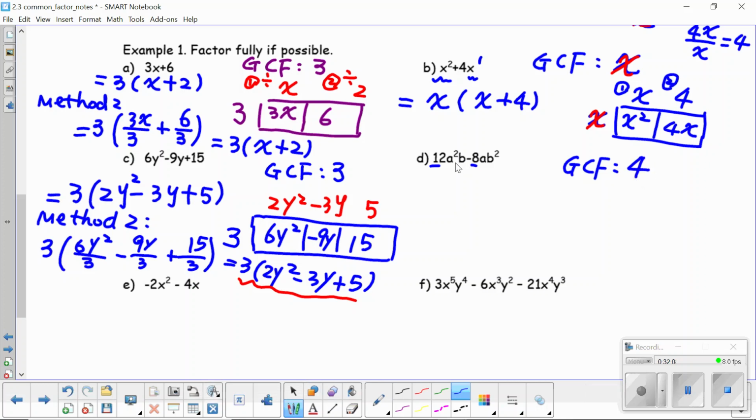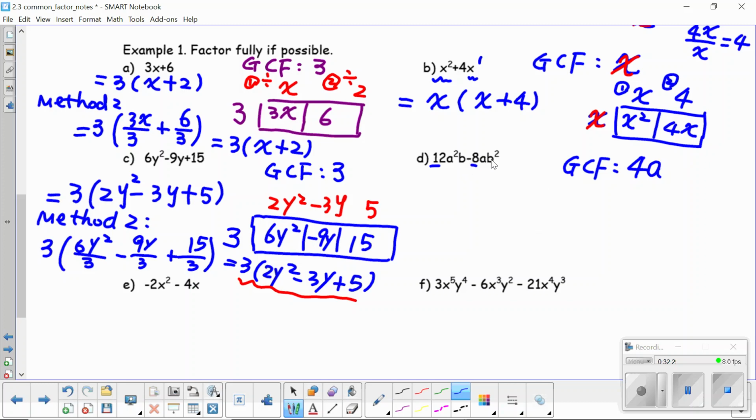Then we are going to see the variable. These two terms have a in both of them. So a squared, a. For a variable, the greatest common factor is the lowest degree. So a squared, a, the lowest degree is 1.